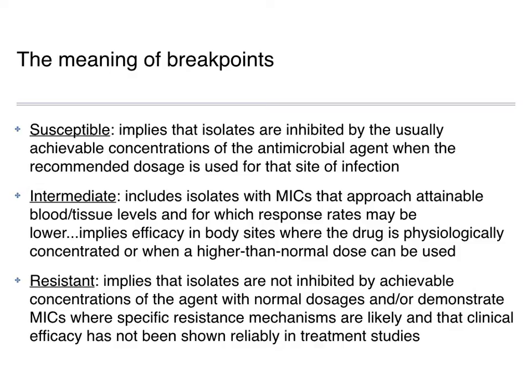Also, if you use a drug that doesn't get very good concentrations at the site of infection, you're also perhaps not going to have success. So an S assumes that you know what you're doing when it comes to dosing and using the right drug. But even if you do those things, it still is not a guarantee, but it means that there's a likelihood of clinical success.